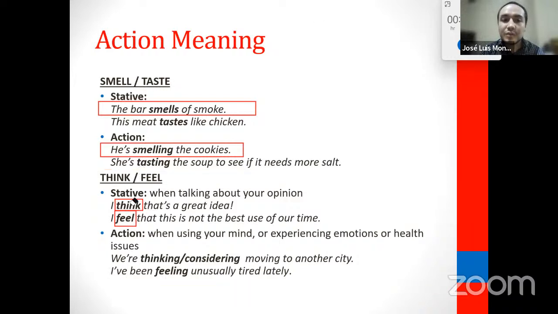And the next one is going to be the same, but you are going to use think. First as a stative verb, and then as an action verb.